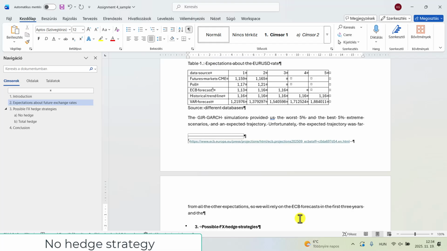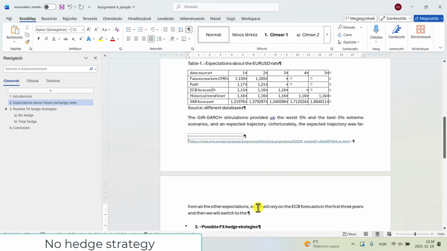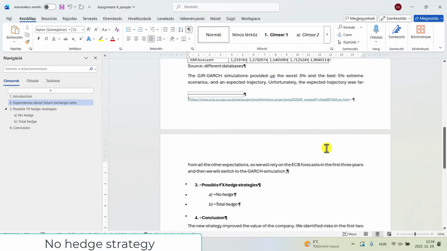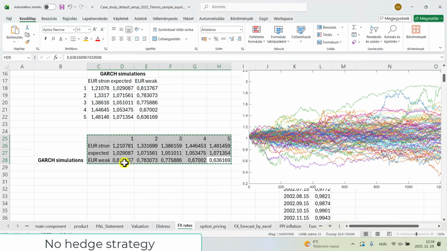And then we will switch to the GARCH thingy. Okay, so that was the GARCH simulations.